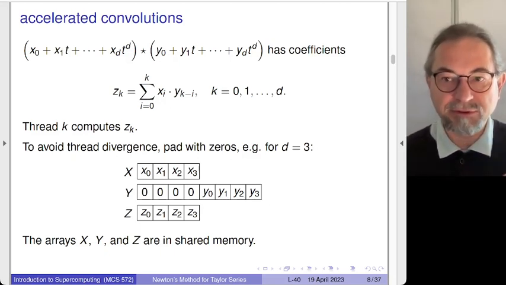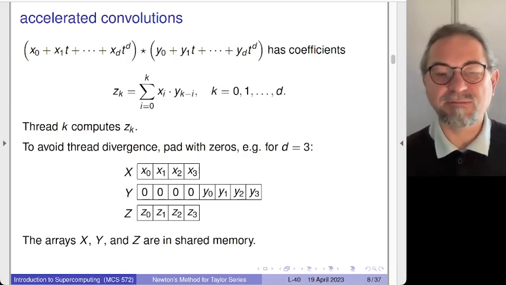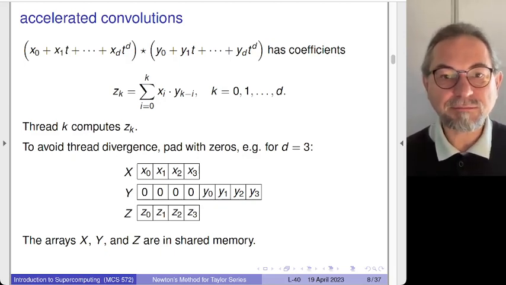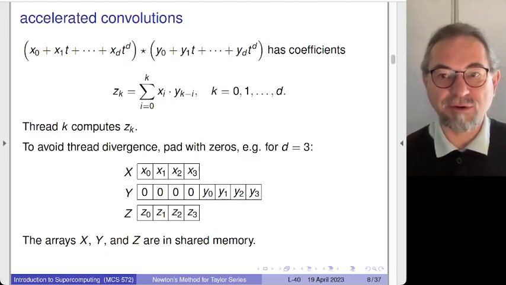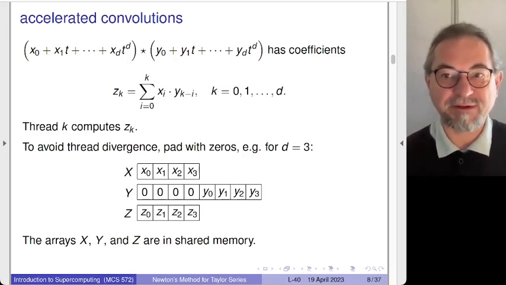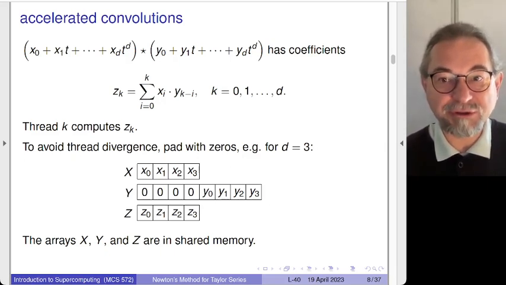So think about 32, 64 or something like that. When we have to compute many of those convolutions, the high school algorithm is just perfectly fine. With a twist, however: on a graphics processing unit, you do not want to have thread divergence.